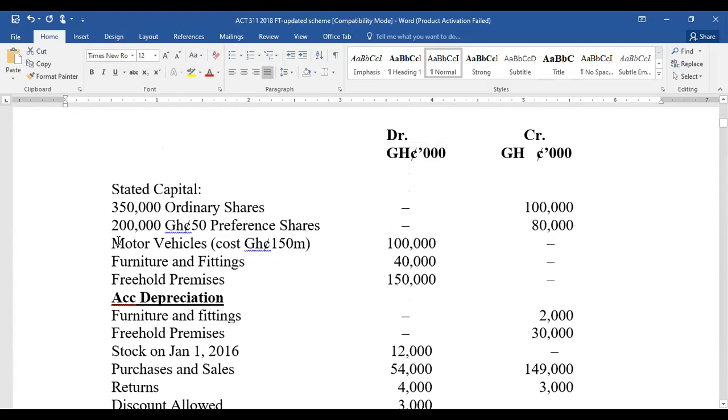Each share gets 50 Ghana cedis. So multiply 50 by 200,000 and see how much you are getting.